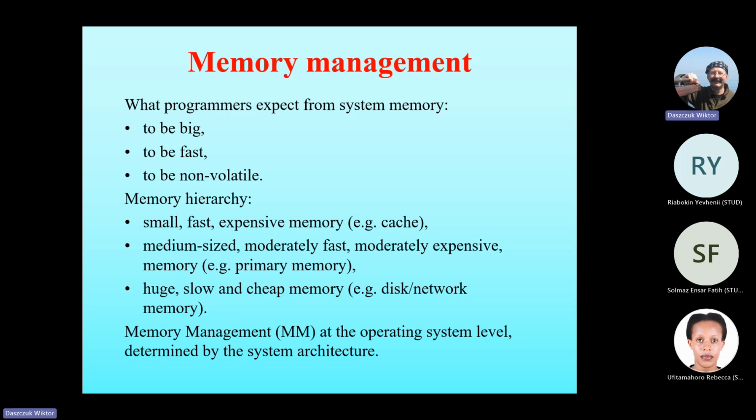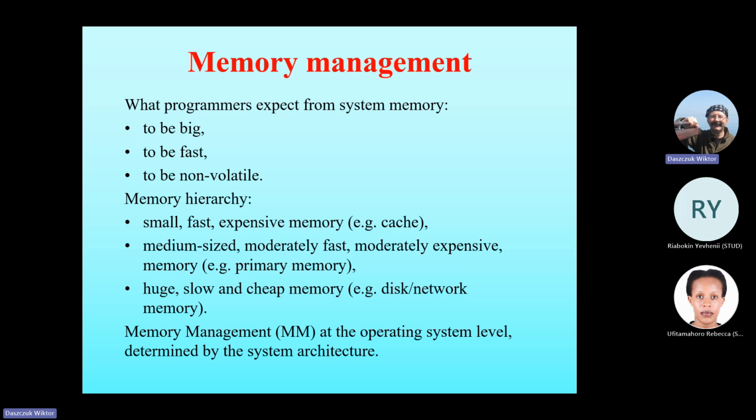However, modern processors have quite a large set of registers. RISC architectures can have more than 100 registers. And of course, the greater is the set of registers, the longer is the access time.